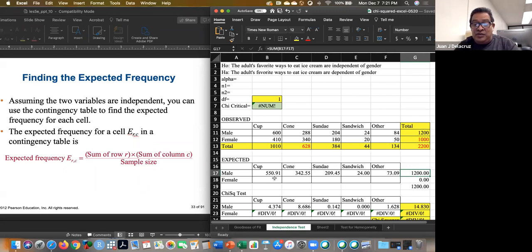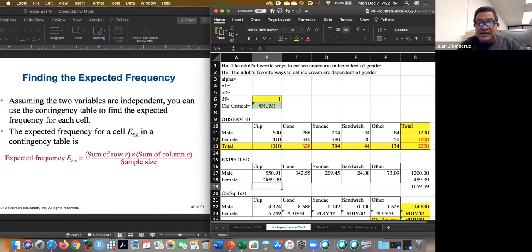So here, I'm going to do the same for the second. The second is the sum of the row times the sum of the column. But we are in the second, we are for females. So now we have the sum of the rows for females times the total of the sum of the columns, and then divided by the sample size, right?